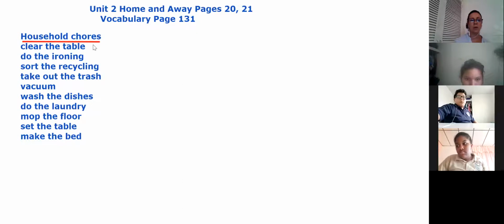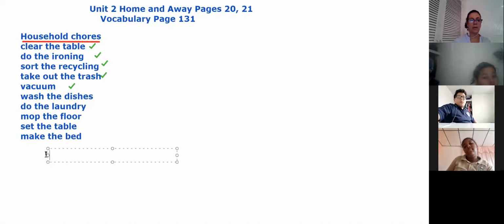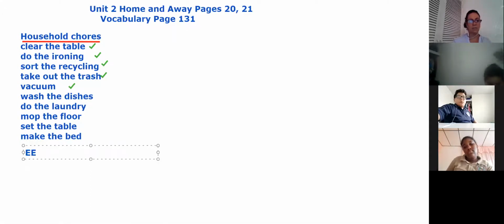Right now, we are going to use these: clear the table, do the ironing, sort the recycling, take out the trash, vacuum. This is exercise 3, okay?